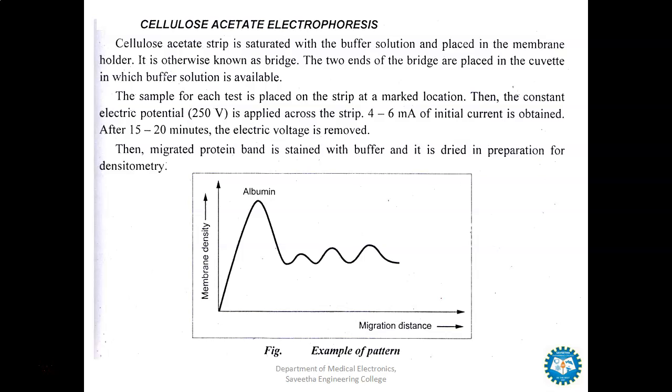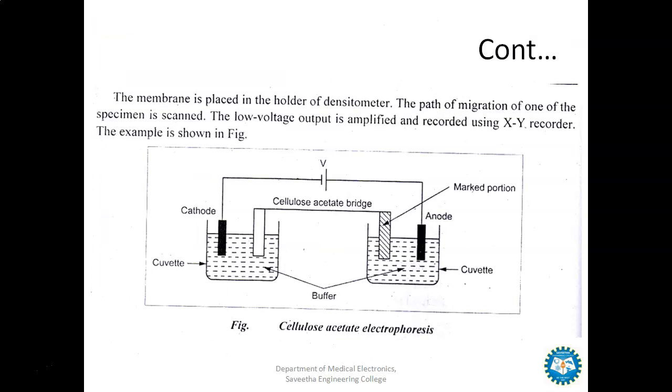Then we can notice the migrated protein band is stained with buffer and it is dried in preparation for densitometry. Here the graph indicates the membrane density of albumin as an example. Initially you can see a peak, where we have our initial electric potential, where the migration is very strong, higher, and later on the migration distance fades out.